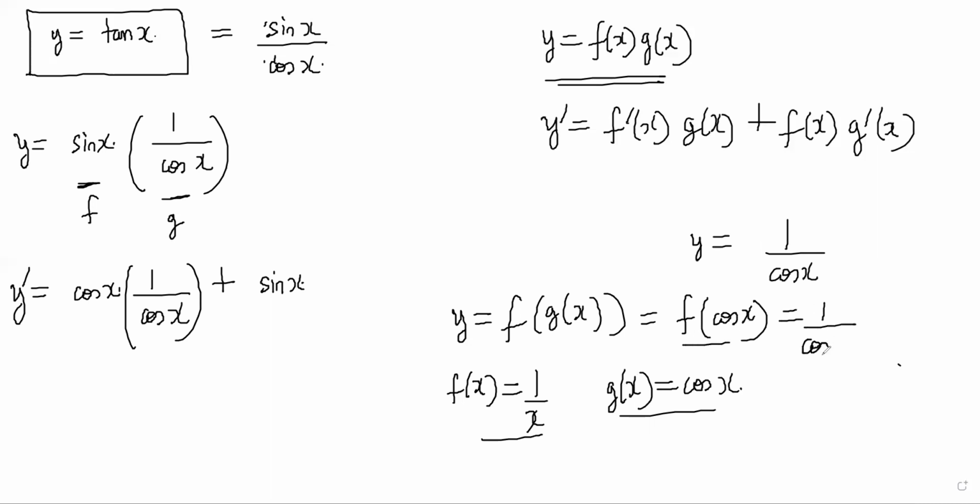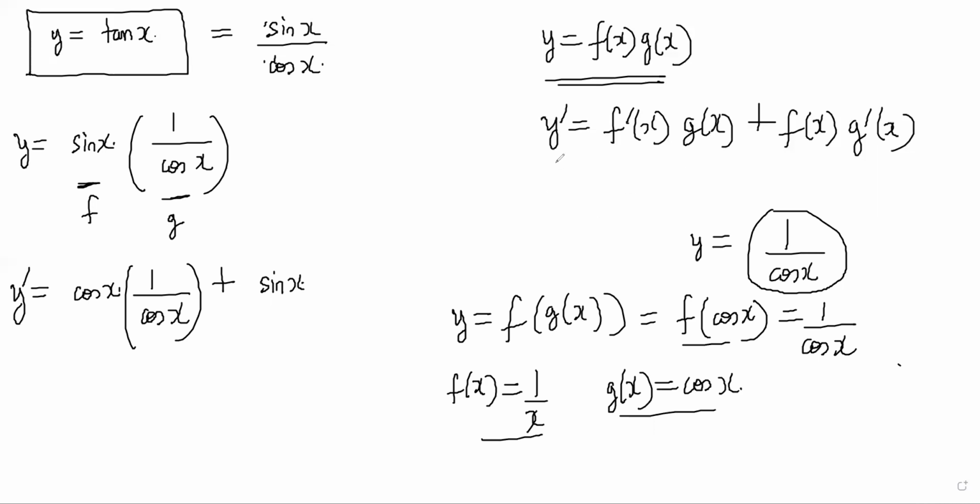So technically 1 by cos x is not one function. It is two functions linked together. You broke it up basically. First you are doing cos x, and then out of that output, you're doing 1 by that.